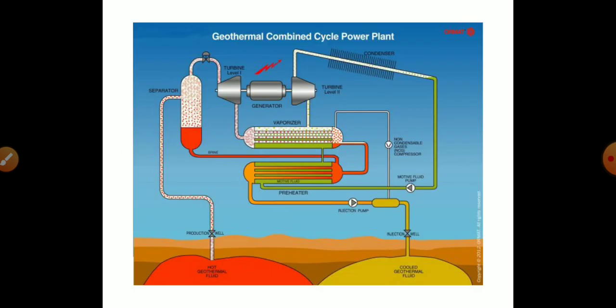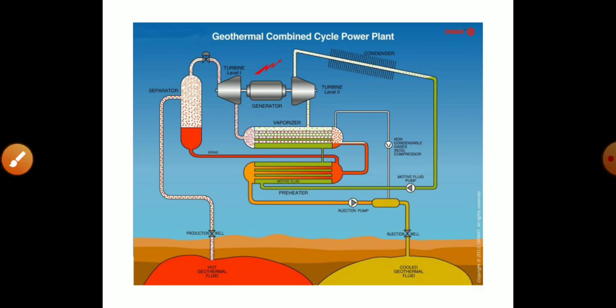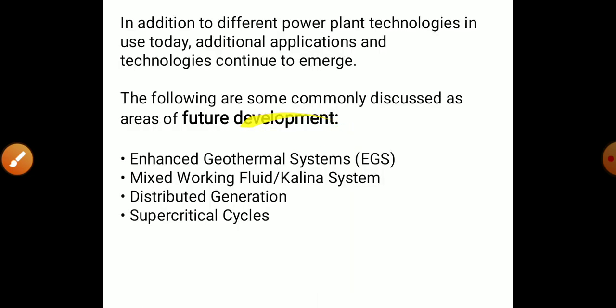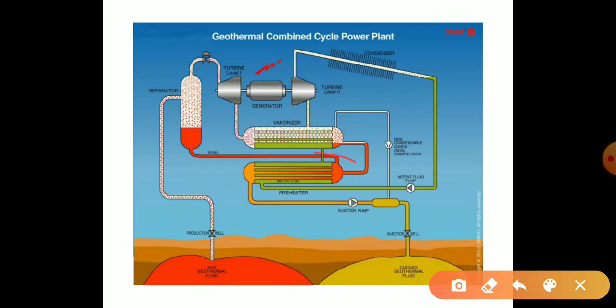If we go to this position, look here, a chamber is present. The vaporization process goes on here, and this is the separation portion where steam and hot water are separated.